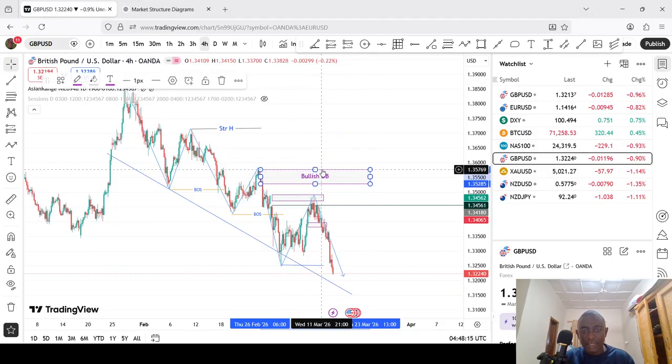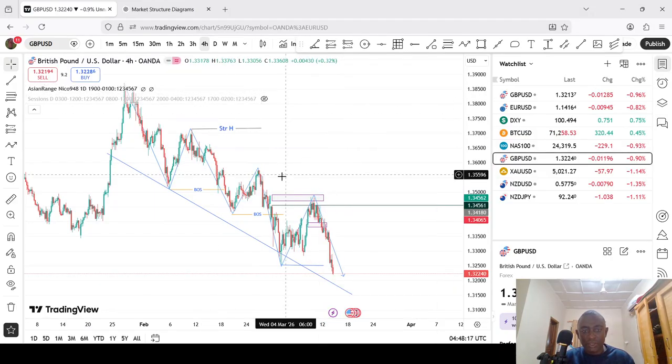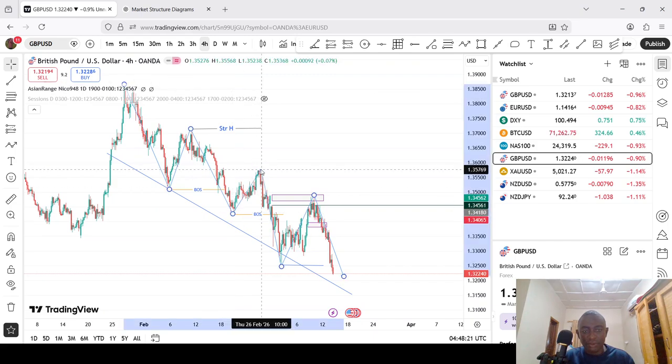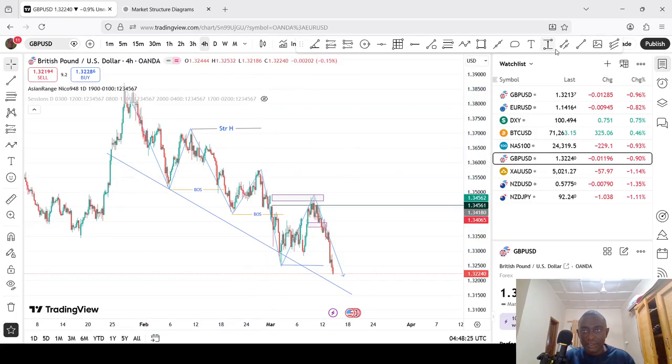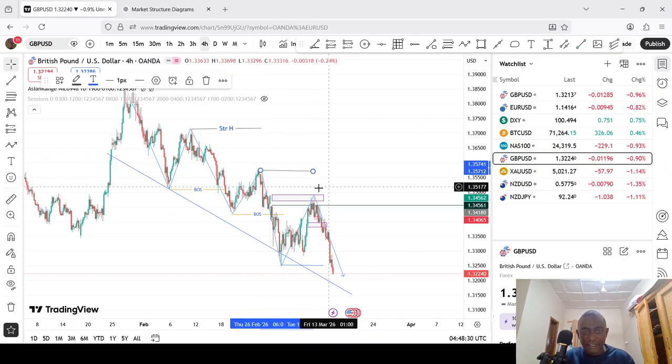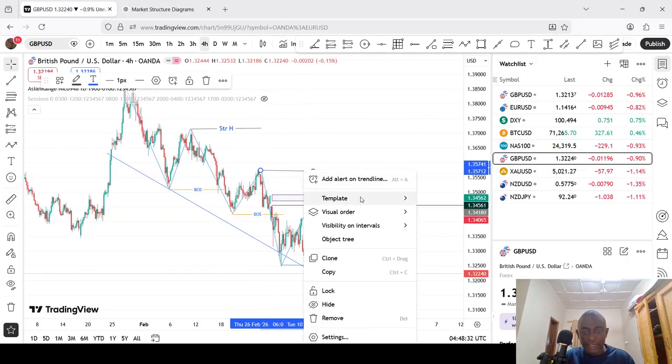The same way, let me delete this one. When price from here goes to this point, let me shift it so that it will be clear. It used this strong high to break that one again.